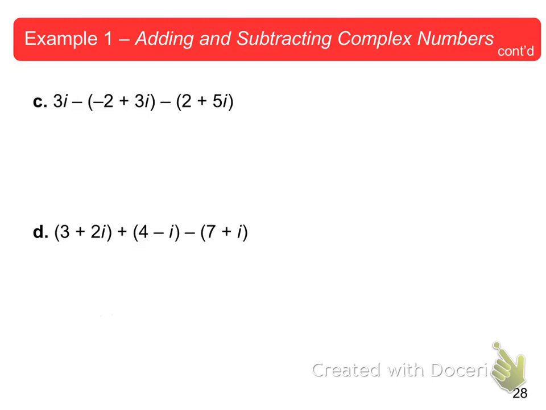Here, I've got to distribute some stuff. I've got to distribute some negatives. So I have 3i. I have to distribute this negative here. So I have plus 2 minus 3i. I need to distribute this negative.